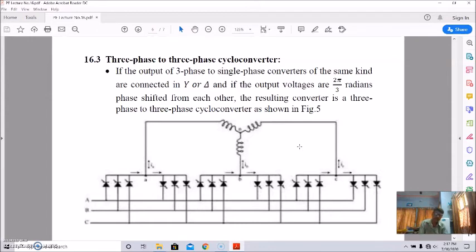Where, by controlling frequency, the speed of squirrel cage induction motors can be changed with different output frequency.